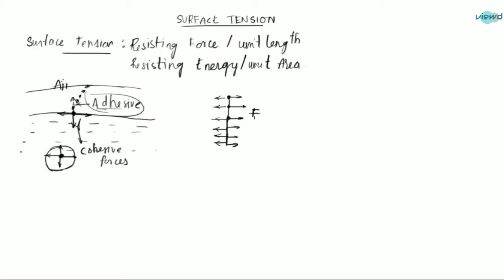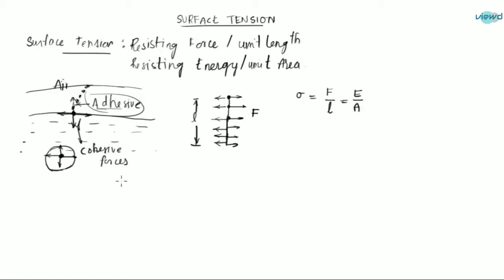Let us say this force is F, and let us take length of this line as L. And what is surface tension? Surface tension is represented with sigma, which is equal to this force F divided by length, which gives us force per unit length. And it can also be represented as energy per unit area.